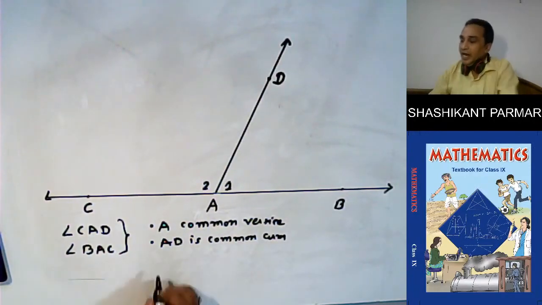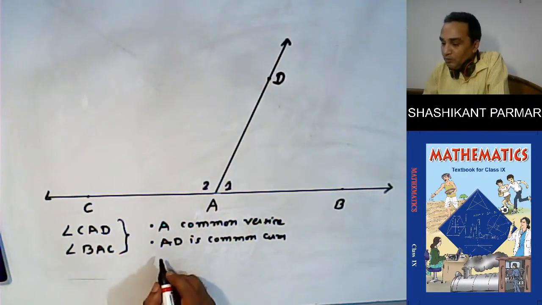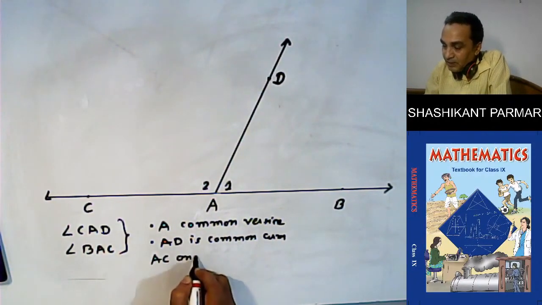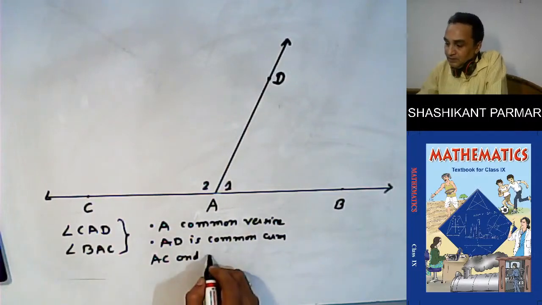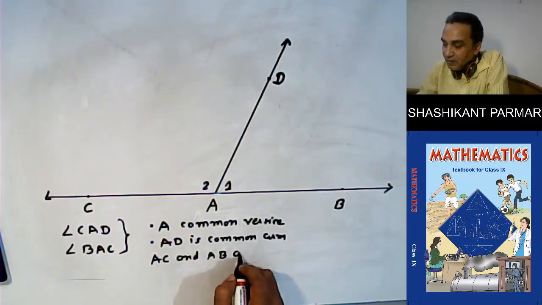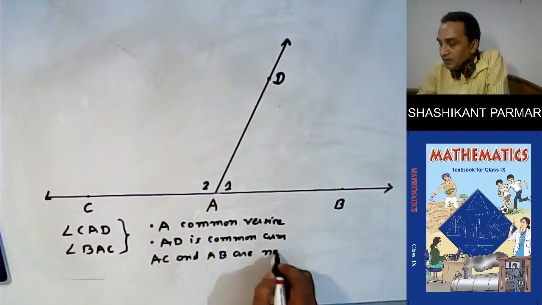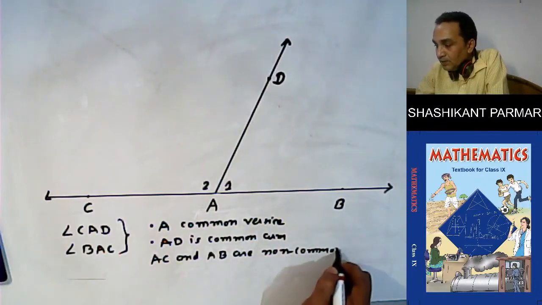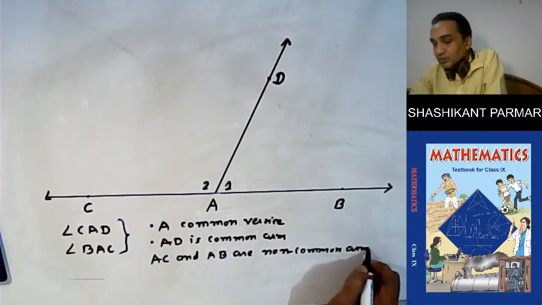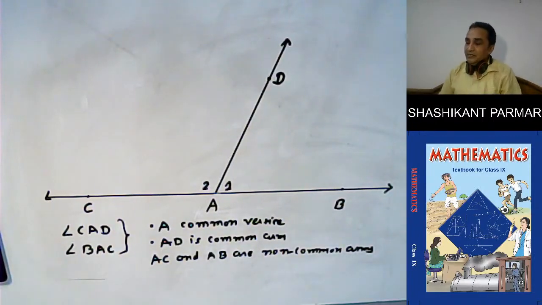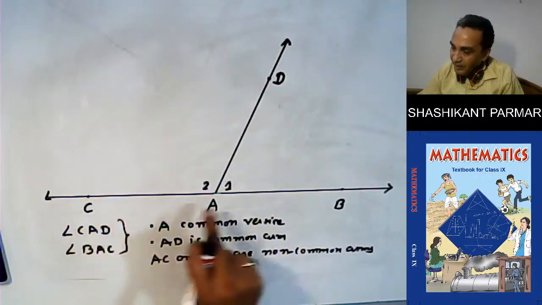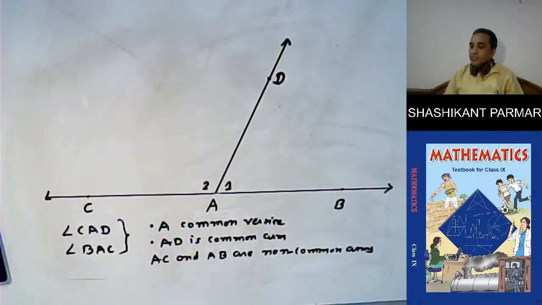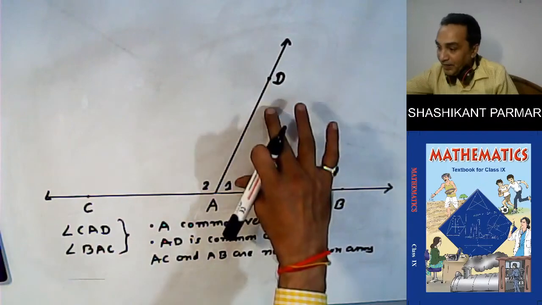And the non-common arms AC and AB are on opposite sides of AD.